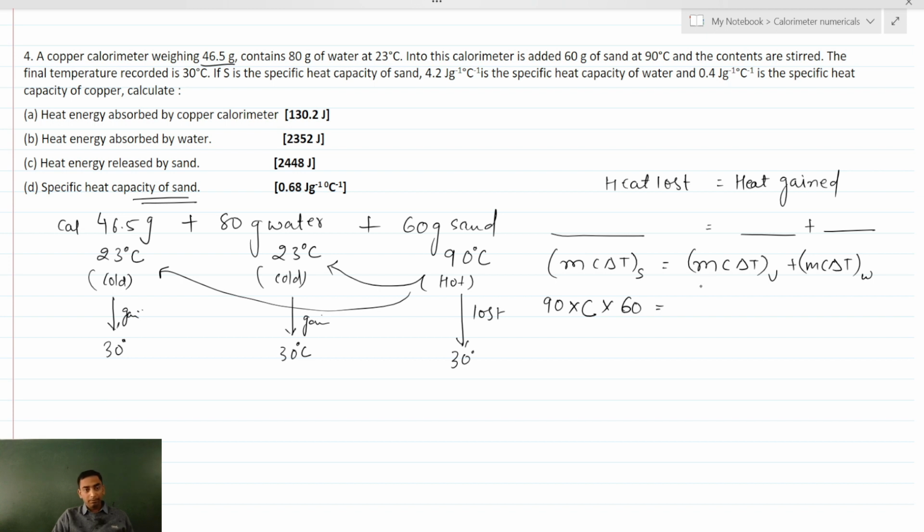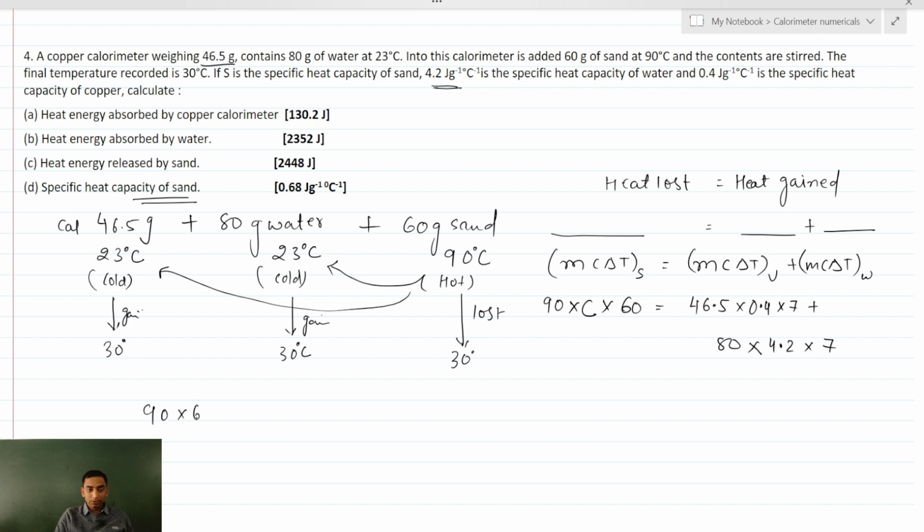Then again, mass of the vessel, so it is 46.5 times the specific heat capacity of the vessel, which is already given to us, 0.4, and delta T is from 23 to 30, so it is 7. Plus again mass of the water, that is 80 grams into 4.2 into higher temperature minus lower, so again it has to be 7. So now let us solve this one.